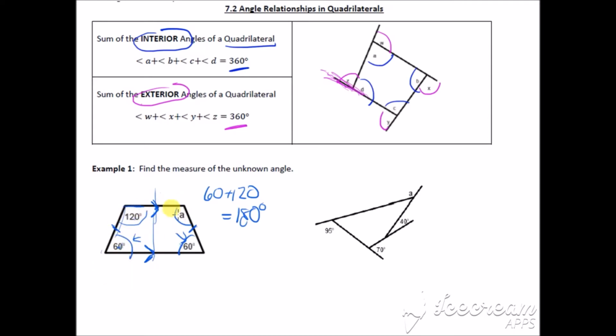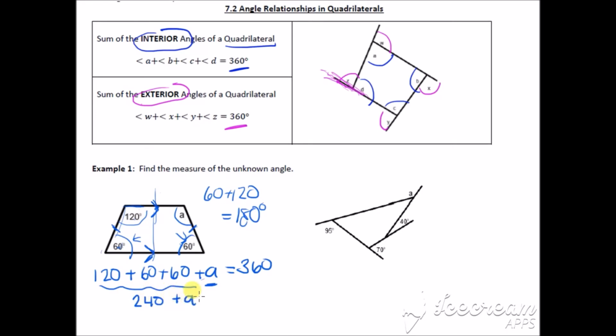To actually formally solve for A, and you have to show this work, we would do 120 plus 60 plus 60 plus A. So there's our A value. And we know that all of these are going to add up to 360. So if you add up these three numbers, 120 plus 60 plus 60, we're going to get 240.